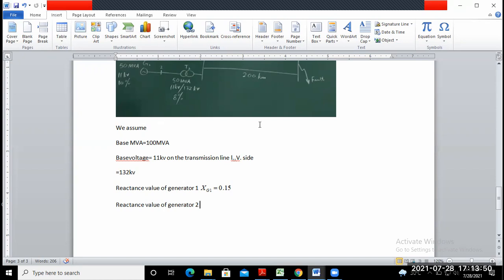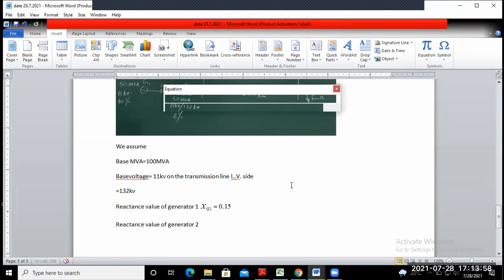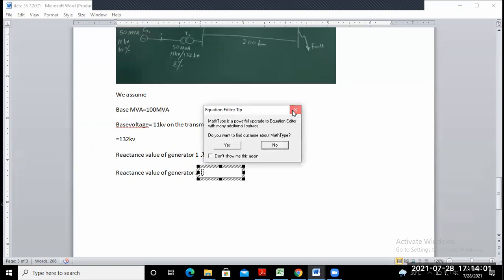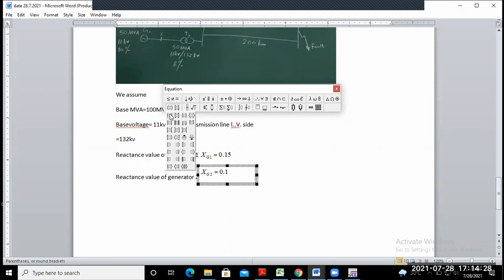So xg2 in per unit is represented like this: x per unit old given to you is 0.1, so 0.1 into MVA new divided by MVA old. MVA new is 100 and MVA old is 50, so 100 divided by 50.